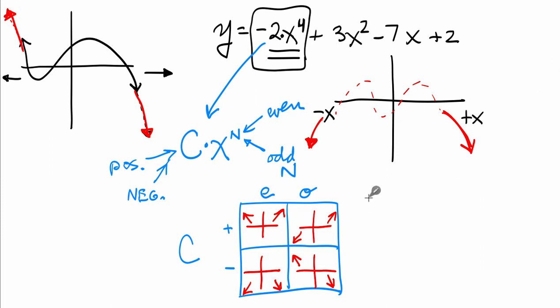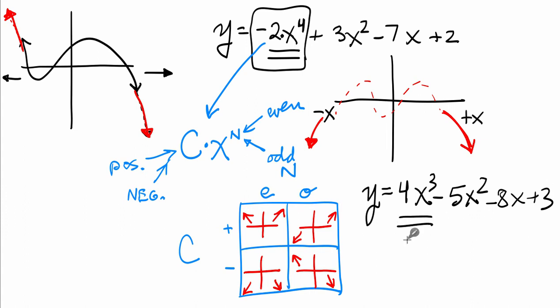So let's do one more quick example. Suppose we have y equals 4x cubed minus 5x squared minus 8x plus 3. The only term that's of any significance for end behavior is the highest order term, and we can see that the coefficient is positive, and we can see that the exponent, x cubed, 3, n, is an odd number.